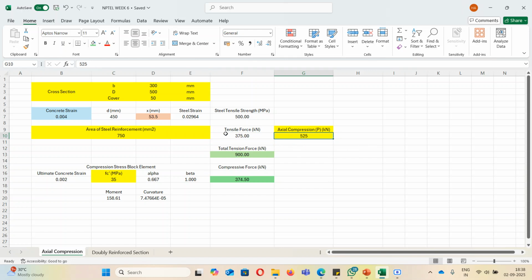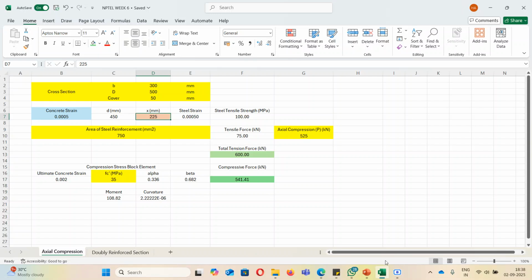Just a second. Okay, so we'll set the concrete strain at 0.0005, X at 225.